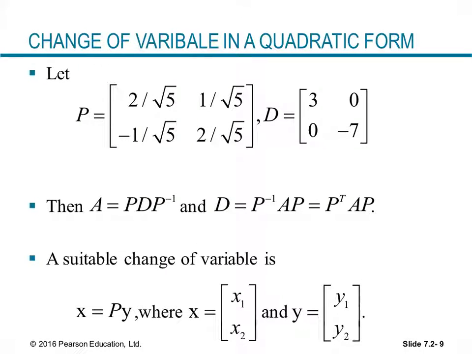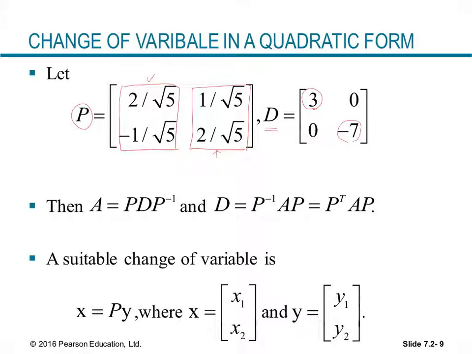So if we construct a P with those two orthonormal eigenvectors, where the first column is an eigenvector corresponding to the eigenvalue 3, and the second column is the eigenvector corresponding to negative 7, and we define this matrix D with the 3 and negative 7 in this order, then this A is orthogonally diagonalizable with these two matrices.